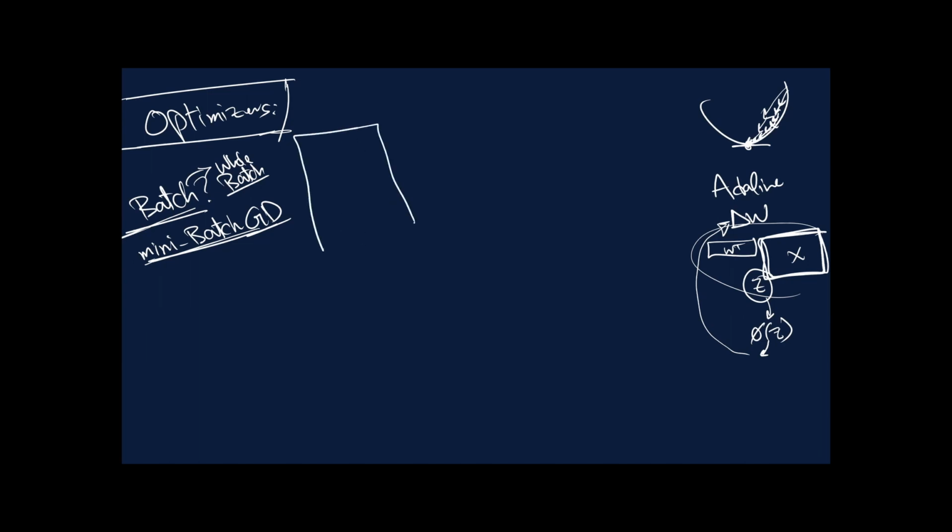So if this is the training set that we were using here, instead of using the whole data set and then calculating the error and then updating the weight, I will be using a small portion of that. Okay, this is the small batch that I will be using. After updating my weight using this portion, I will be using a different portion and then update the weight and so on. The effect of doing that is making this learning a little bit better, okay?